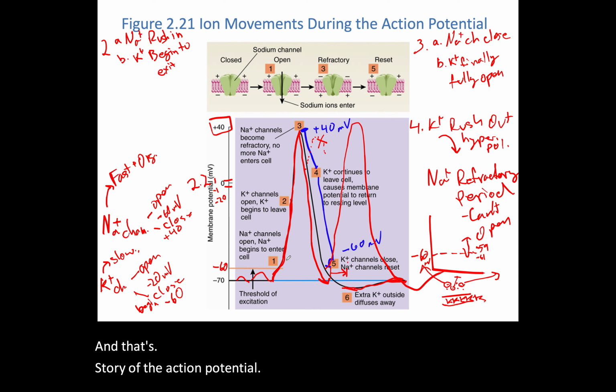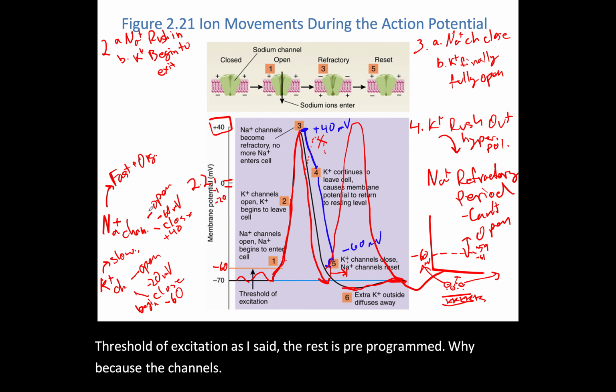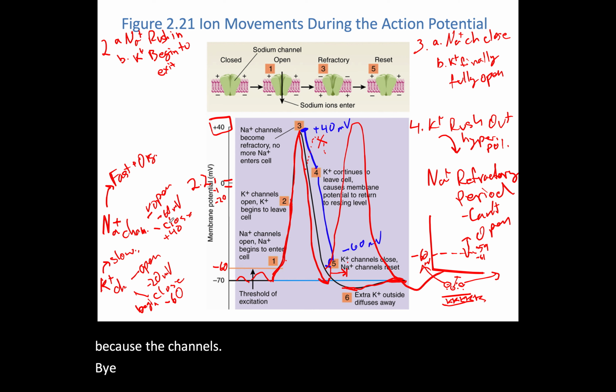See, once you hit the threshold of excitation, as I said, the rest is pre-programmed. Why? Because the channels are genetically programmed to open and close at these zones that I told you.